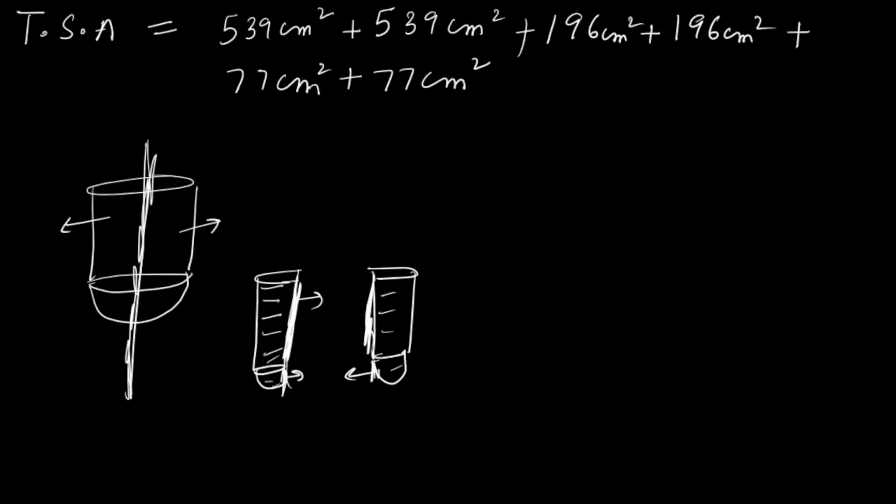So if we have to find the total surface area after split, all these areas we have to add. This is after split. Just add it all and tell me the answer. 1624 centimeters square.